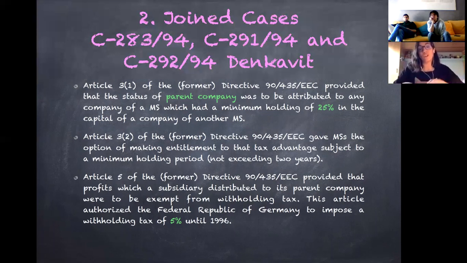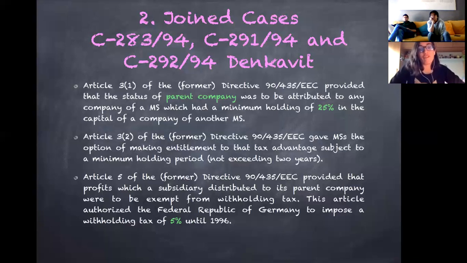So not just having a necessary percentage of 25%, but also this directive gave the member states the possibility of establishing a period of 2 years for this percentage of shares.